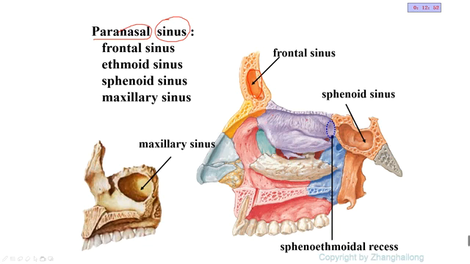In this picture, the ethmoid bone should be here on the lateral wall. There are many big ethmoid sinuses in this area. All of this area is the ethmoid sinuses in the ethmoid labyrinth. Third one is the sphenoid sinus in the sphenoid bone. Fourth one, the maxillary sinus in the maxilla. It should be here in the maxilla. So that's the four sinuses.